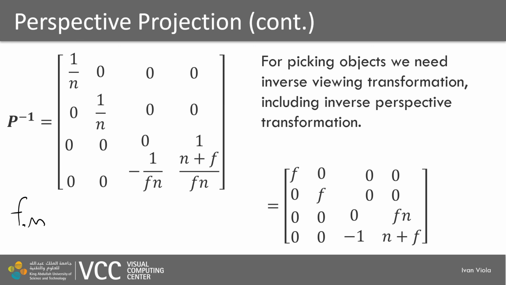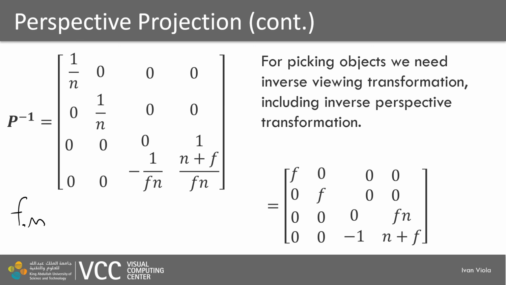Such an inverse transformation we, for example, need for picking of objects. So imagine that I want to pick an object in my screen coordinates, and I would like to know which objects I picked in the world coordinates, so that I can realize this picking and know which object I was interacting with.